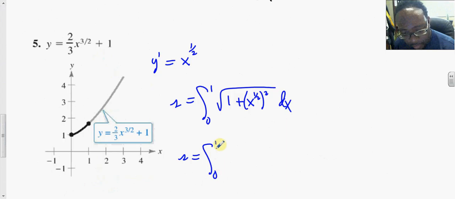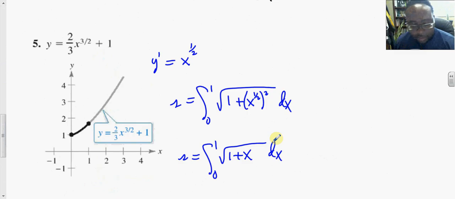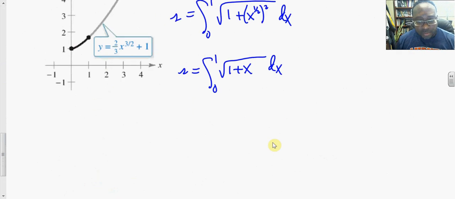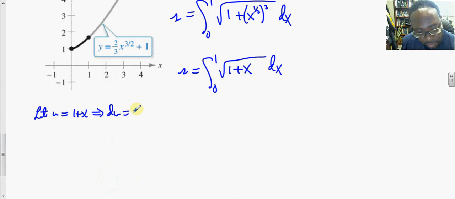So the arc length is the integral from 0 to 1 of the square root of 1 plus x dx. If you let u equal 1 plus x, this implies that du is dx.